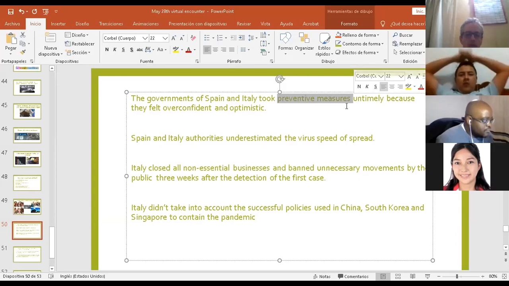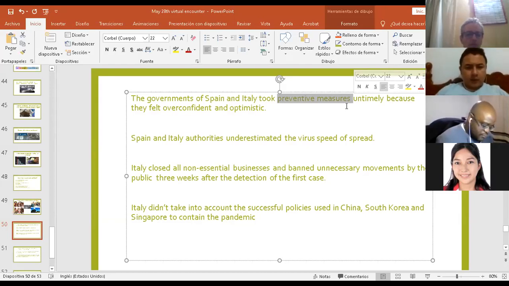So we need to orally mention the sentence in passive voice by first identifying the object and putting it at the beginning of the sentence. So in this case it will be: preventive measures were taken untimely because the government felt overconfident and optimistic.